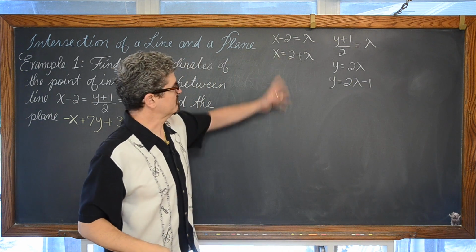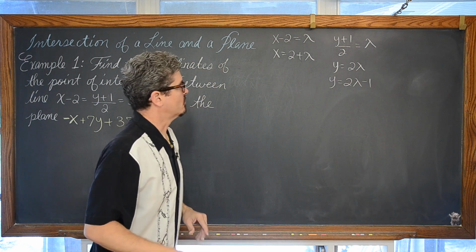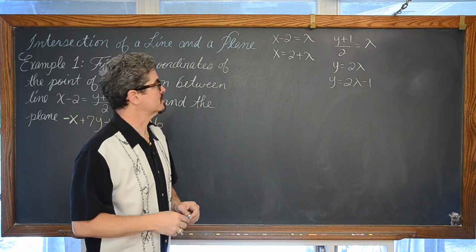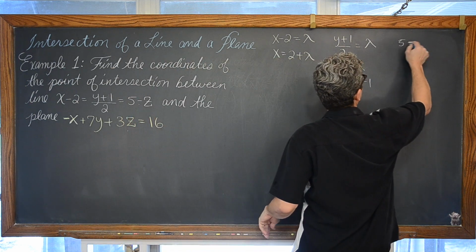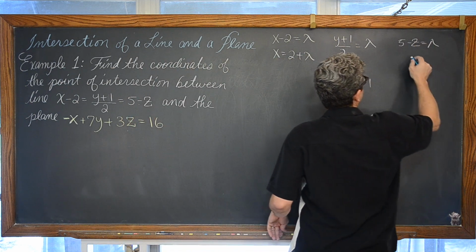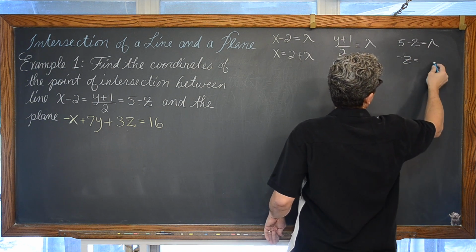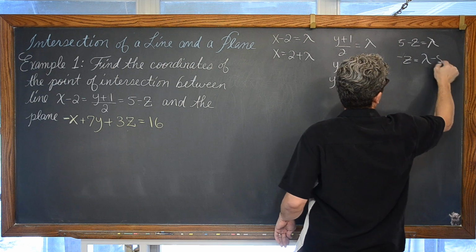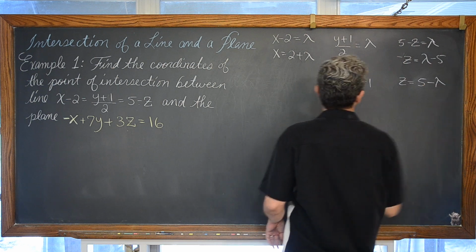If I was talking about identifying the known point and the directional vector, I'd probably write negative 1 plus 2 lambda, but we're just going to do substitution. And we have 5 minus z is equal to lambda, so negative z is equal to lambda minus 5, and z is equal to 5 minus lambda.